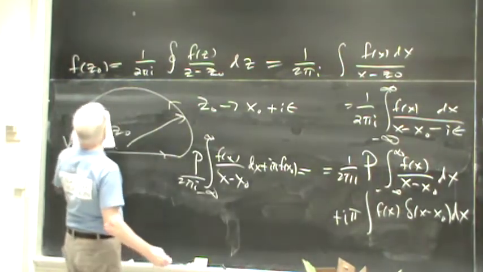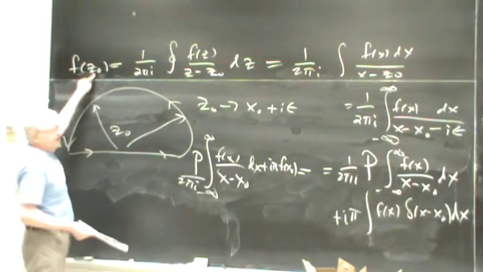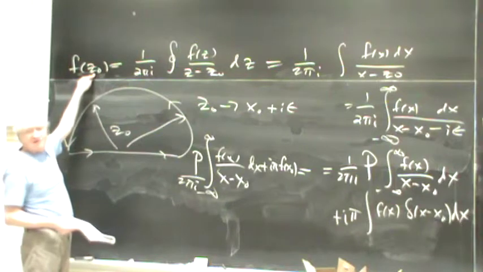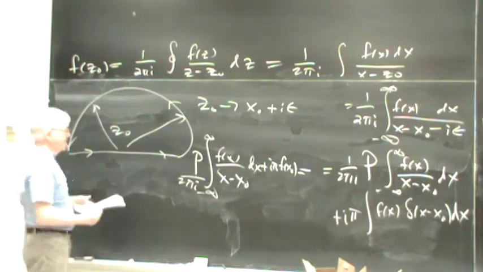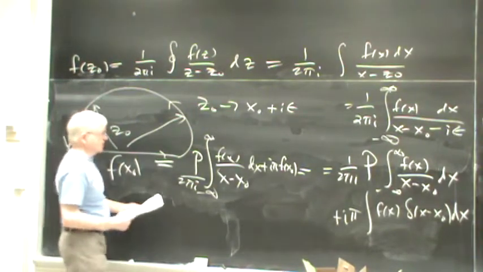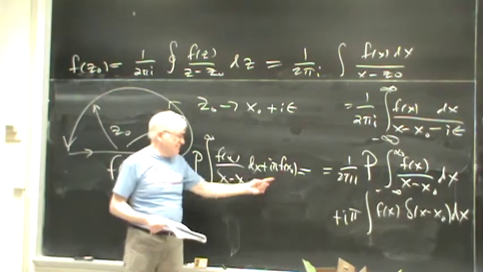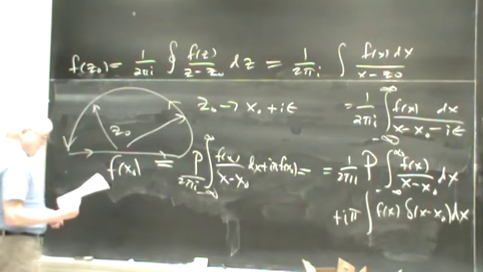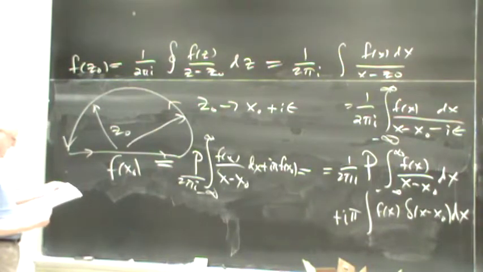And on the other hand, what were we computing? Well, we were computing f of z0, but z0 is x0 apart from epsilon. So we get f of x0 equals 1 over 2 pi I, this integral, plus I pi, like that.